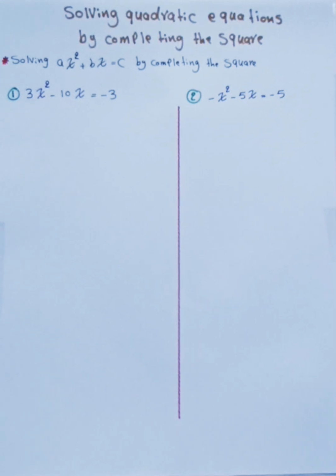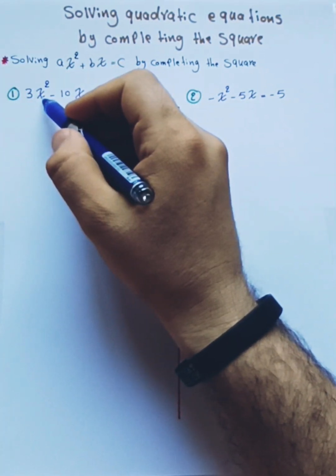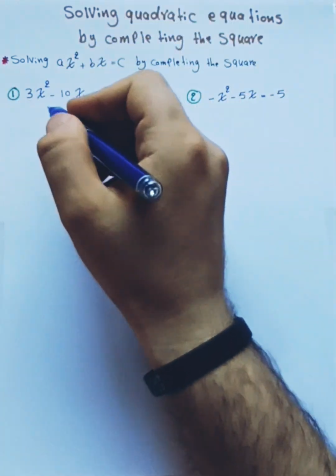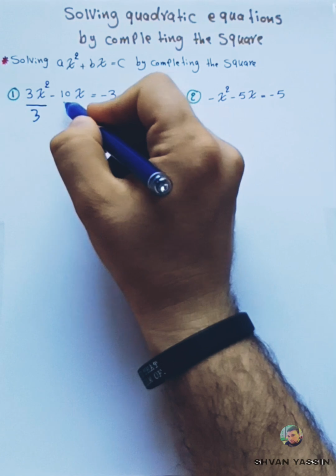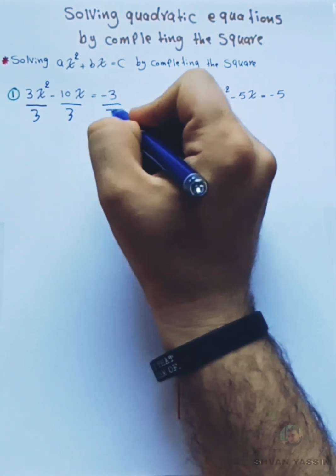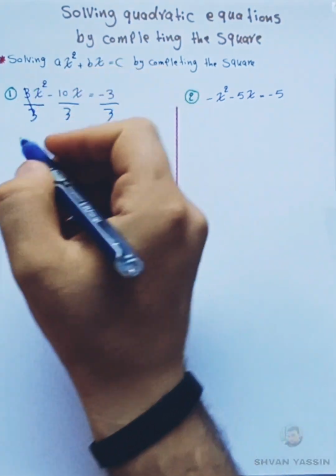So in example number 1, we have 3x squared plus 10x equal to negative 3. First step, we have to get rid of this 3 and make x squared stay alone. So you have to divide both sides by 3. You have to divide these 3 terms by 3.